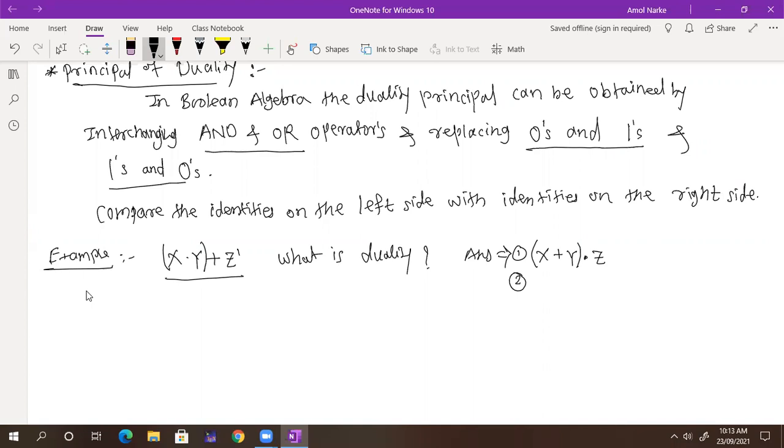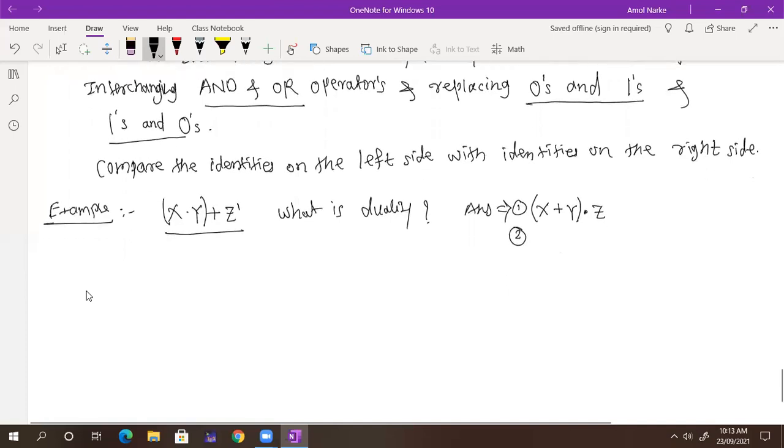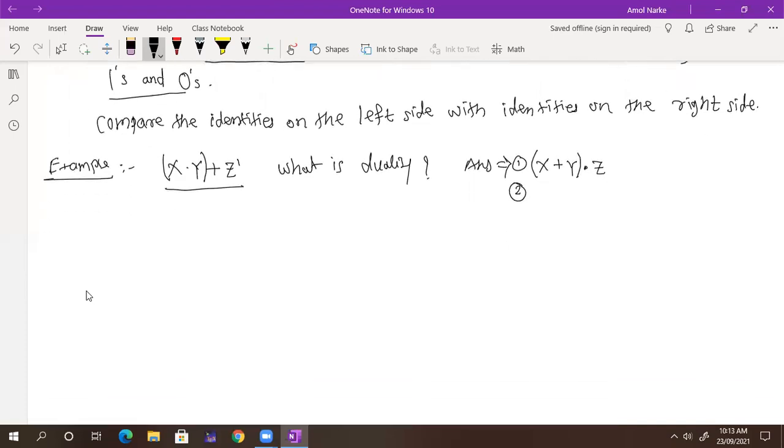Let's first find out the truth table. Whatever the output of that statement, the output of its dual should always be the same. So let's check it out. X, Y, Z. How many combinations do we have when we have three variables? 8.